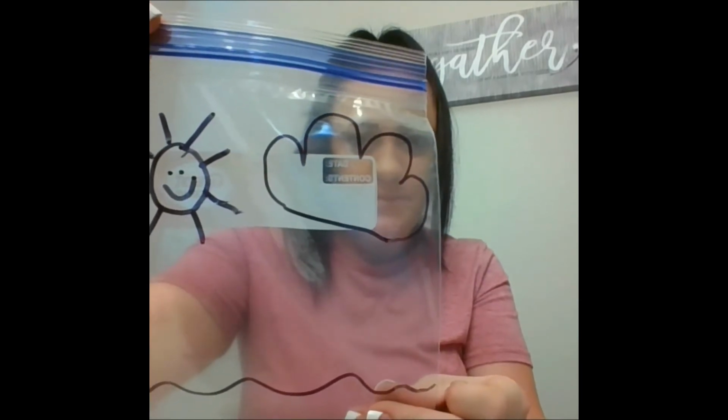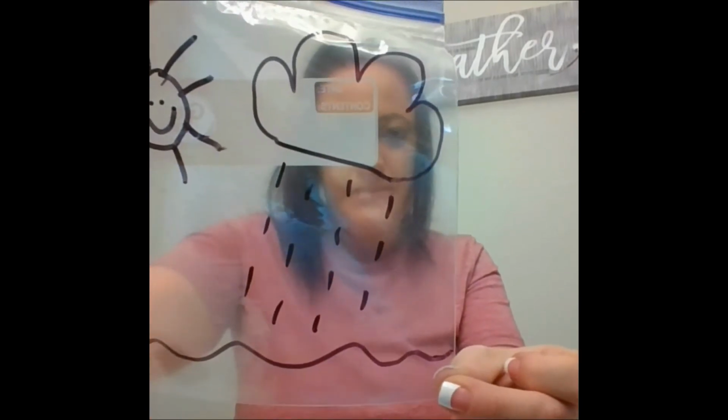And then I want you to put a cloud in your sky. Just like that. And then make some raindrops into the water. Just like that. Now you can go ahead and color your sun and your water and your cloud.